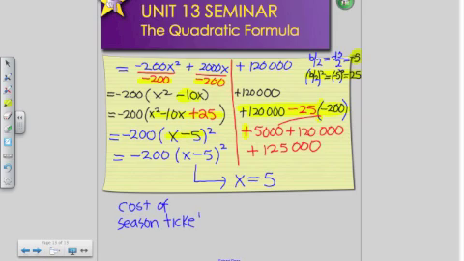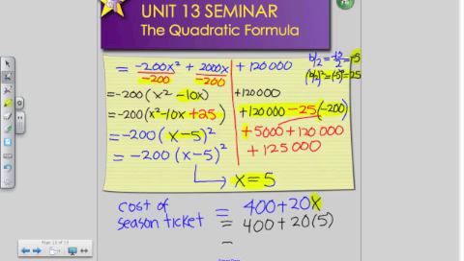is equal to the binomial I had at the beginning, 400 plus 20x. So I'm going to substitute x equals 5 into this expression. So I have 400 plus 20 times 5, which gives me 400 plus 100.